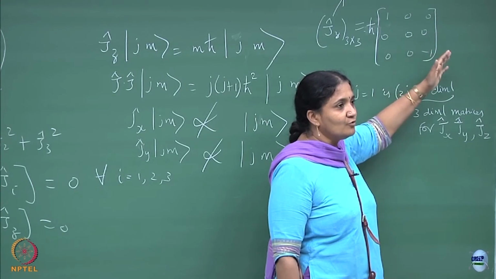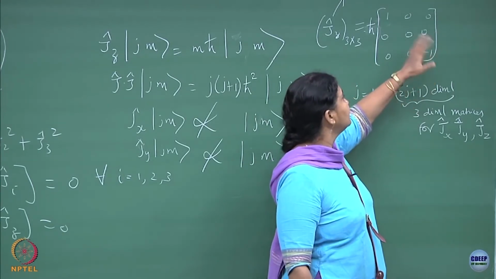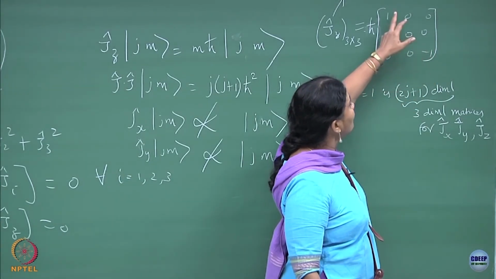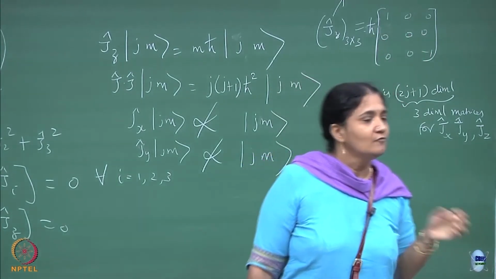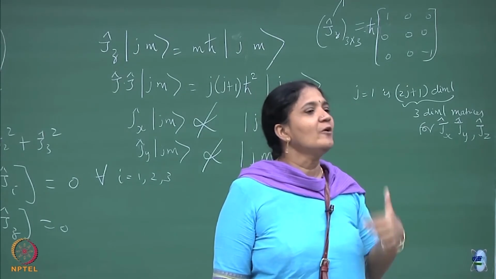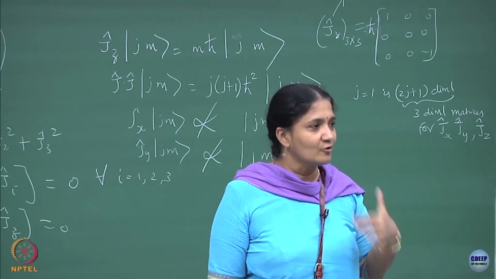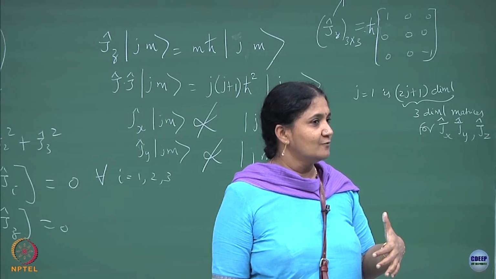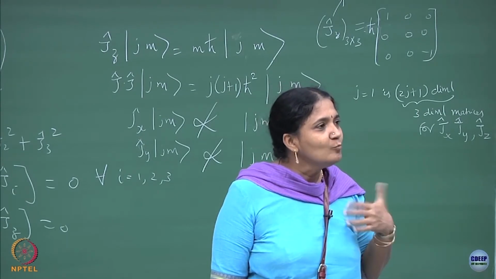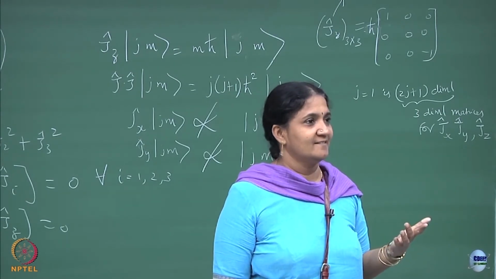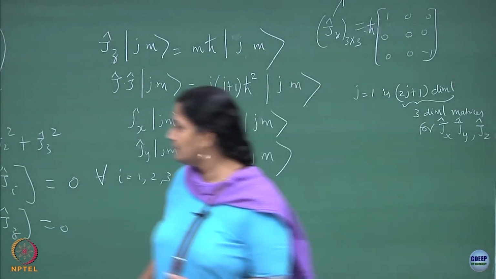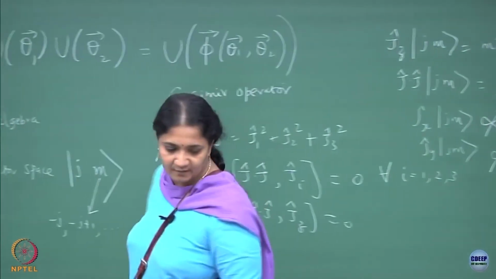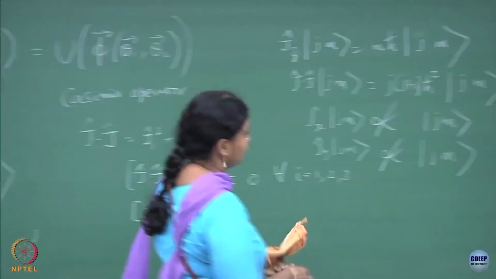For SU2 I did only the lowest non-trivial dimension. For SU3, the lowest non-trivial dimension is a 3 cross 3 matrix. So there you can allow one more diagonal matrix, which is traceless. Is that right? So if I write the diagonal matrices for SU3, how many generators are there?